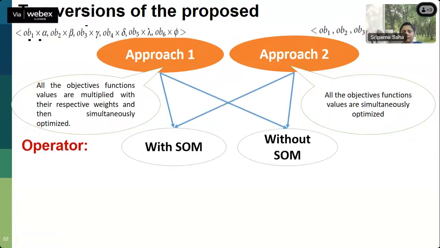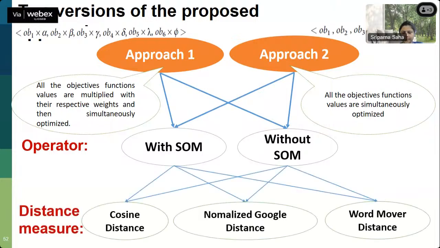Then either we first project the data into a lower dimensional space, and then we find the mating pool by using the self-organizing map, and then crossover and mutation operations are applied on the mating pool selected by the SOM, or maybe we simply apply the differential evolution crossover and mutation operation without applying the self-organizing map.